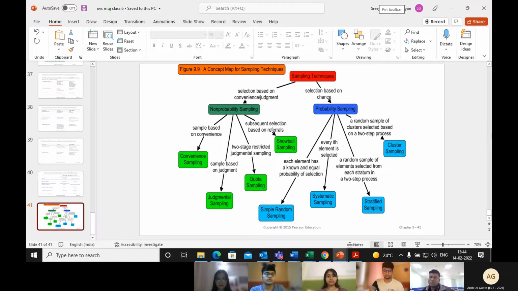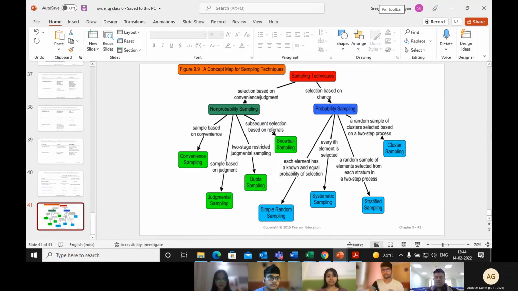Under non-probability sampling, there are four broad classifications. Convenience sampling is sampling based on the convenience of the researcher: you choose a respondent simply because the respondent happens to be at a certain place at a certain point of time.